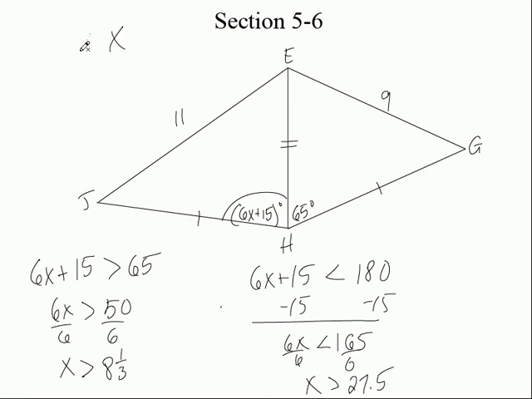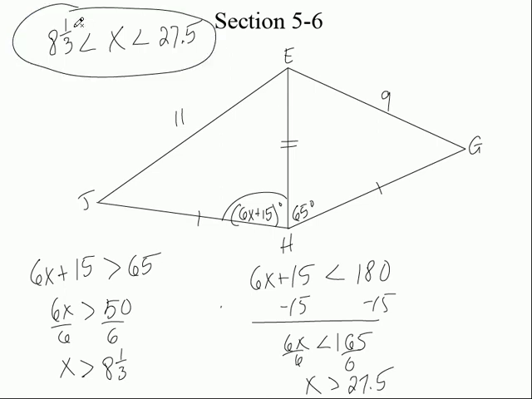So x has to be between, Tamir, what is it? I guess we'll do that on Monday. All right, so 8 1/3 and 27.5. So x has to be between 8 1/3 and 27.5, and that's the kind of stuff that you're going to do.